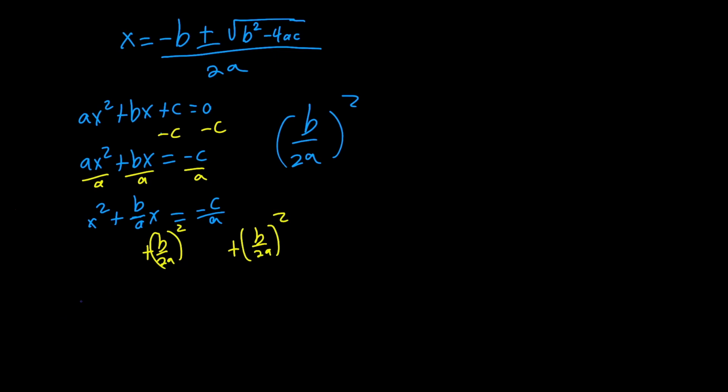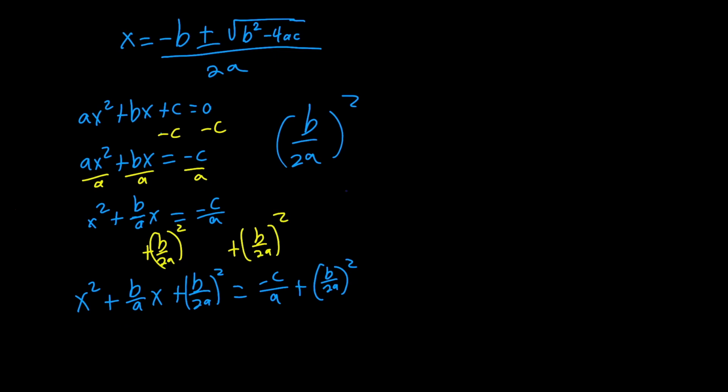And when we add those in, it will leave us with x squared plus b over a x plus b over 2a squared is equal to negative c over a plus b over 2a squared. From here, we'll go ahead and factor the left side and simplify the right side.